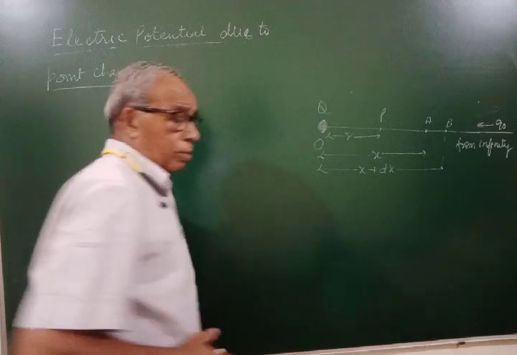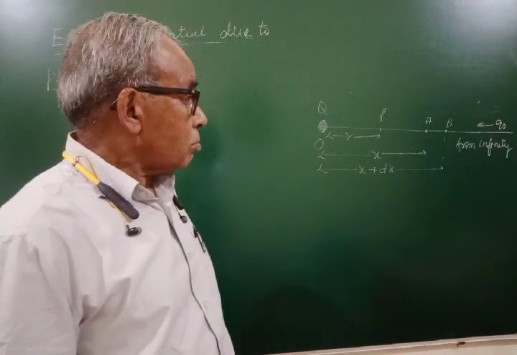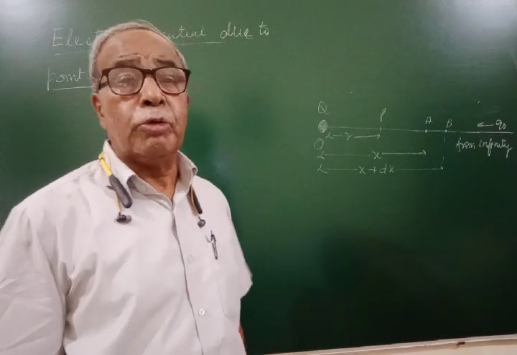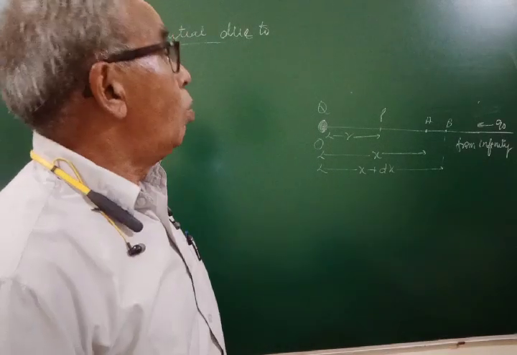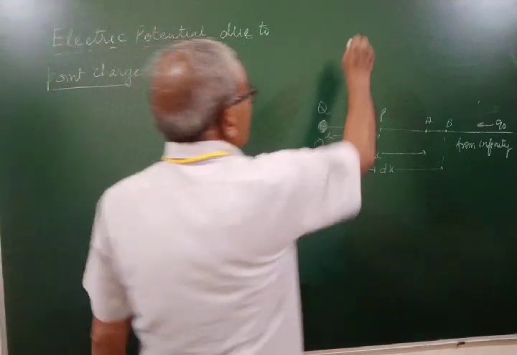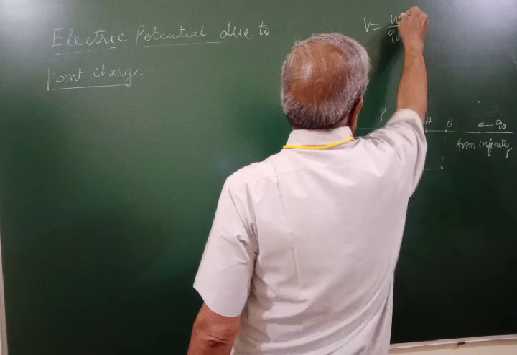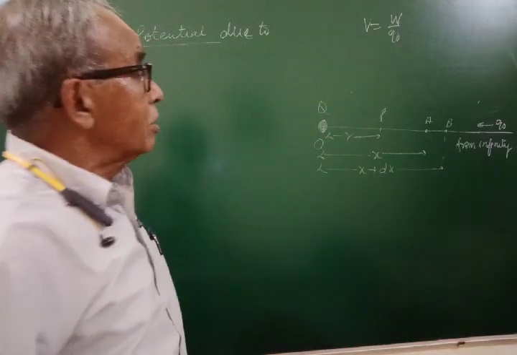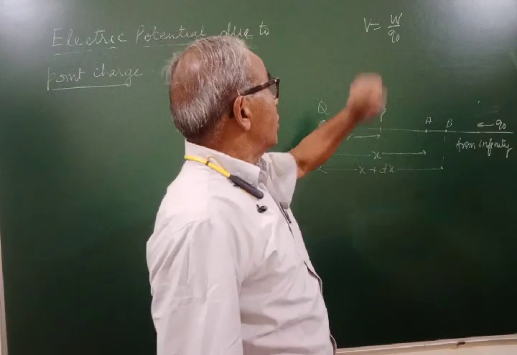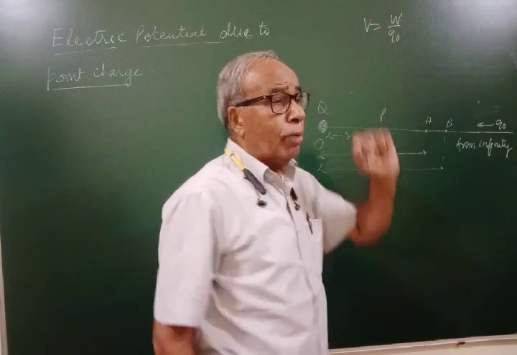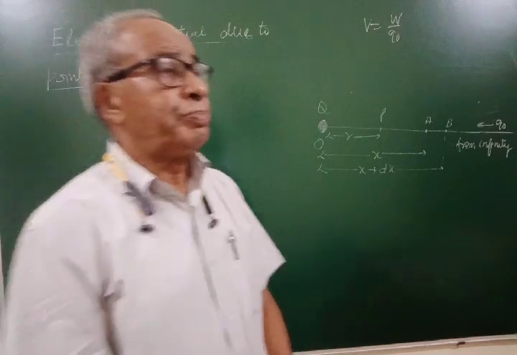In the previous video I defined electric potential as the amount of work done carrying a unit point charge from infinity to the point under consideration. V equals W upon Q0, where W is the amount of work done carrying charge Q0 from infinity to, suppose, P. Its unit, I told you, is volt.